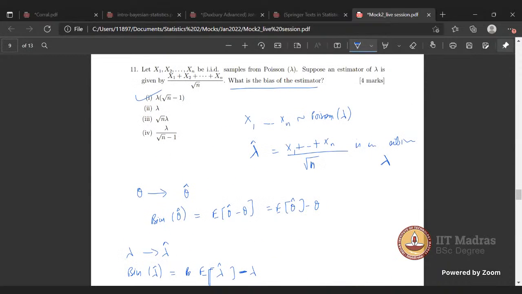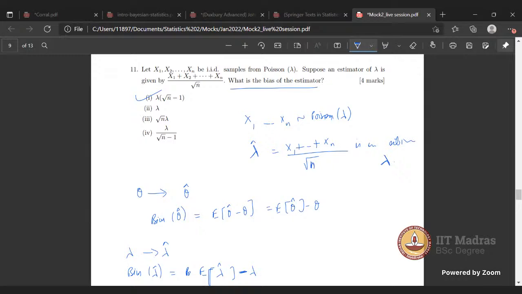Whenever you have to find the bias, let's say you have some distribution where the parameter is unknown to you, and there is some estimator for your parameter. Let's say that estimator is theta hat. To find the bias of that estimator, you compute the expected value of the estimator minus the parameter, that is, expected value of theta hat minus theta.